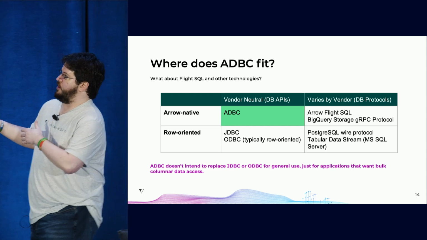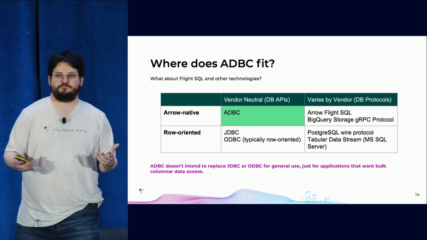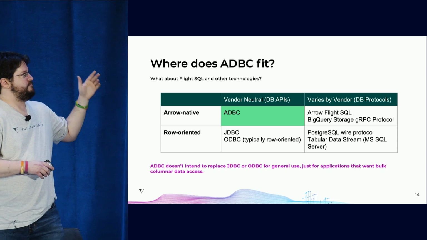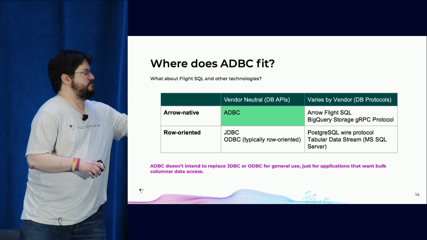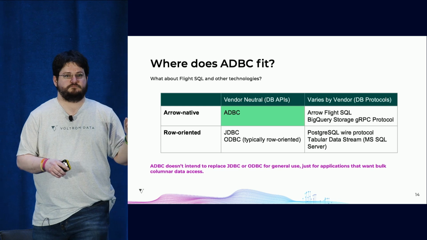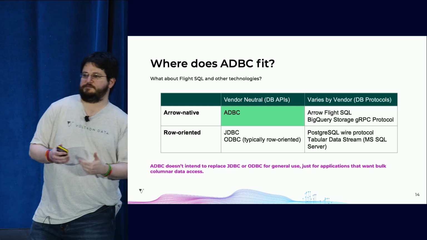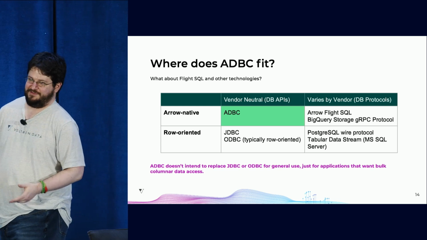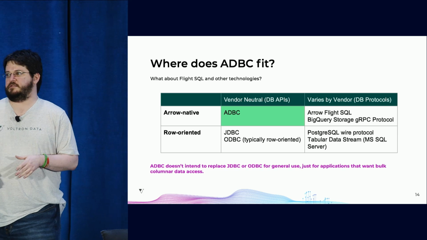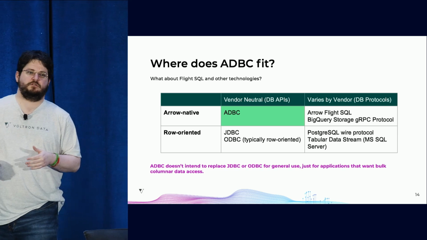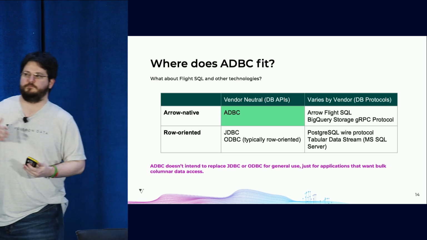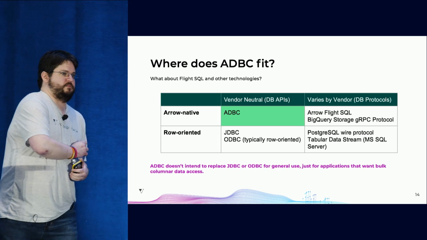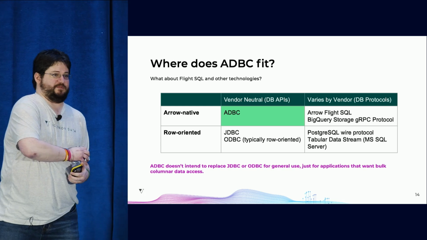And then you have your APIs and protocols. ADBC is that Arrow-native, vendor-neutral API. That's where it fits in this whole thing. And like I said before, as much as we want to, this isn't going to kill JDBC or ODBC. But it gives a way forward for high-performance, bulk, columnar, analytical workflows to get your data, because it ends up being extremely fast.